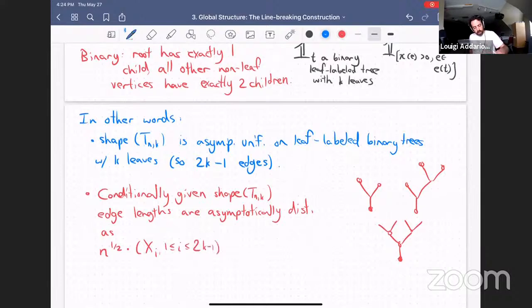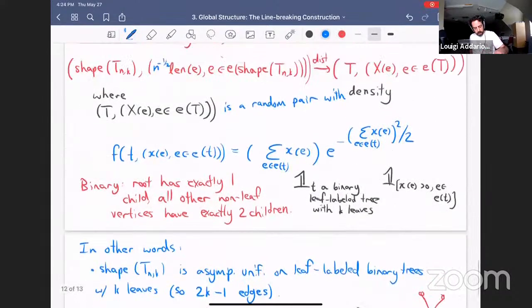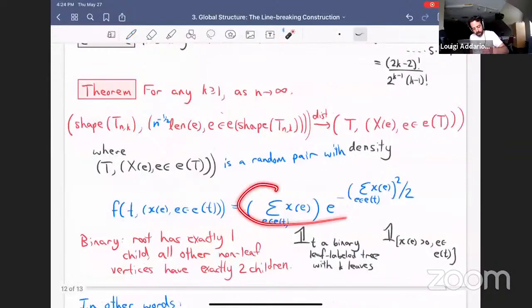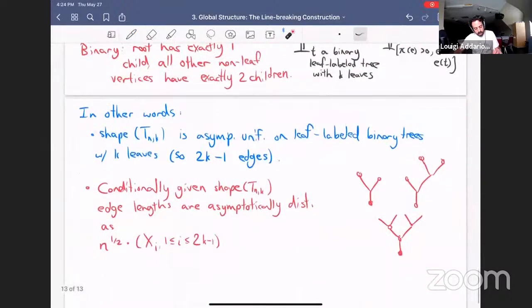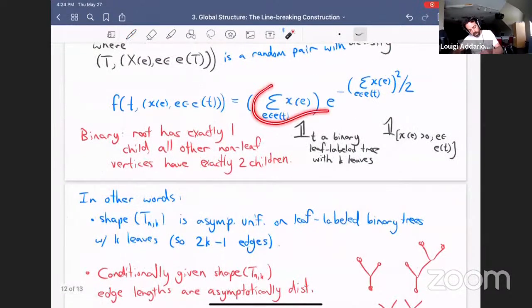The joint density of the xi's is given here, and indeed, someone made a comment about how this suggests that the edge lengths are independent of the tree shape. That's exactly right. If I tell you what the tree is, it doesn't change the density of the edges. So one expression for the joint density of the edges is given here.